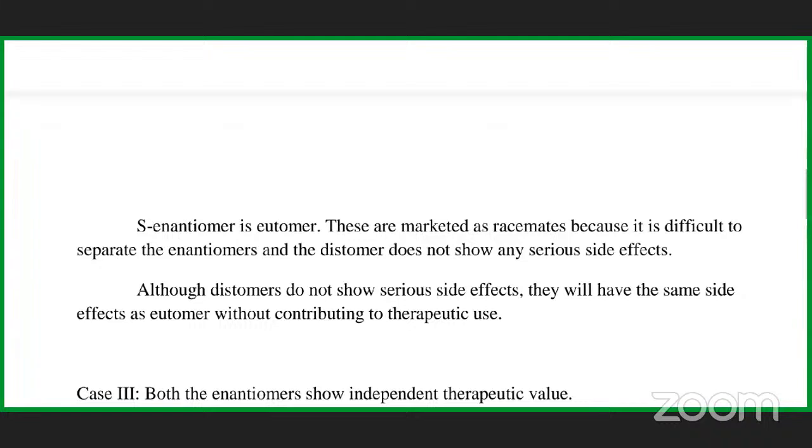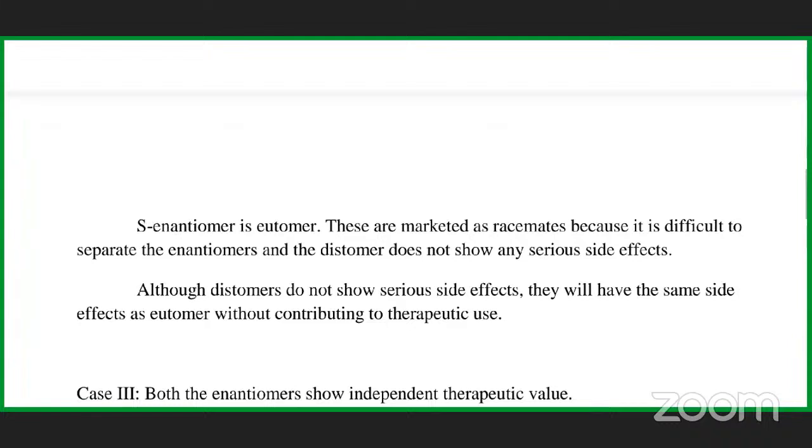And here the condition is that the eutomer is not showing side effects. So it is not a problem if you market this drug as a racemic form here. Racemic form means racemate. What is a racemate here?